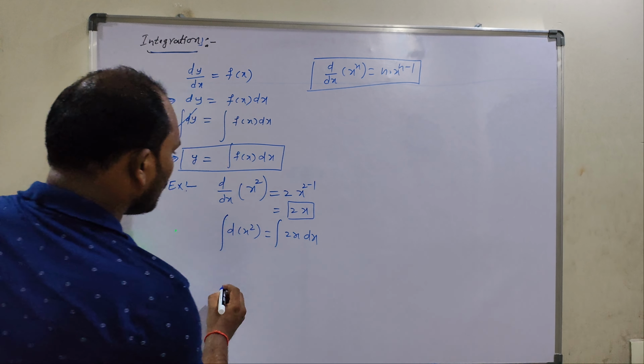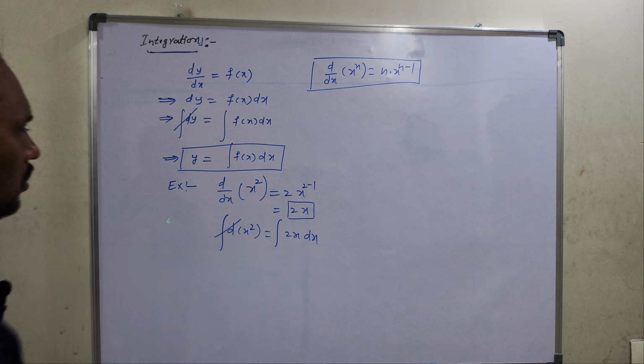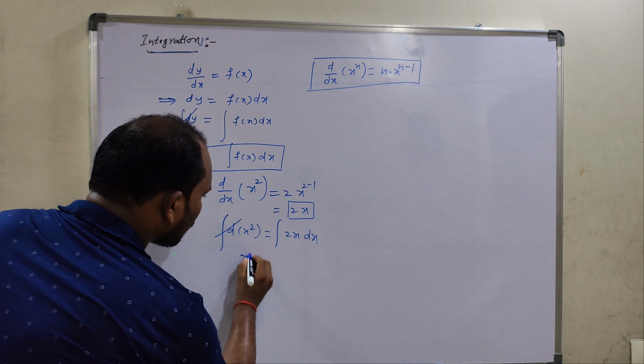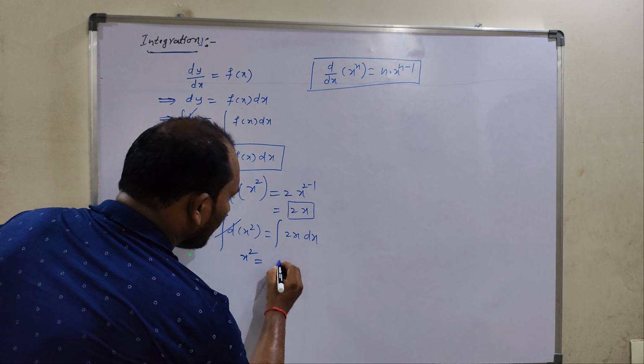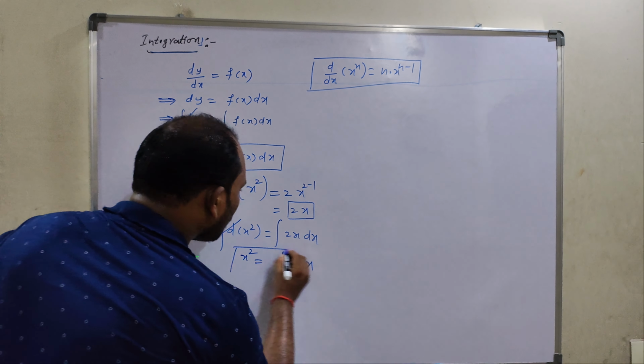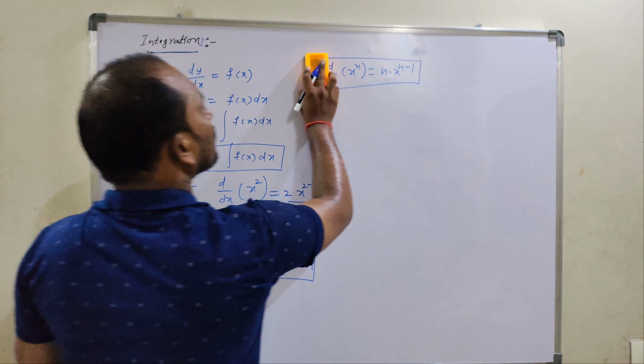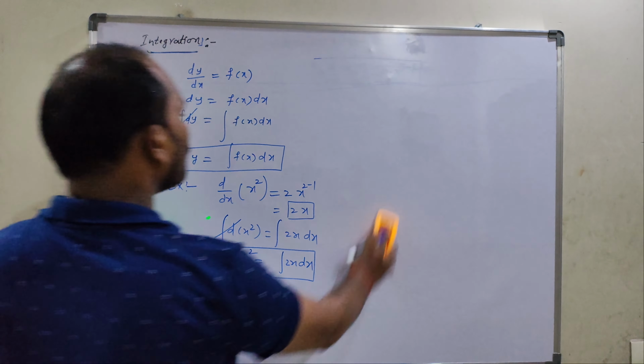I am applying integral. Just now I told you integration and differentiation get cancelled. So what do I get here? x square is equal to the integral of 2x dx. One of the best formulas in integration, everybody must learn this formula, very very important.